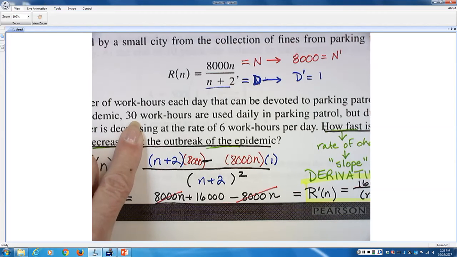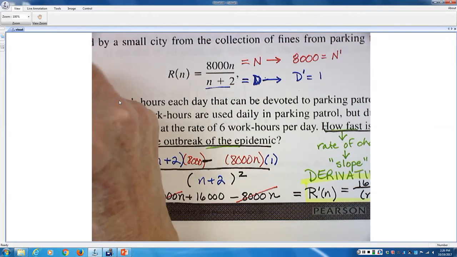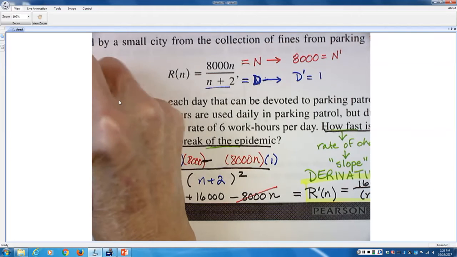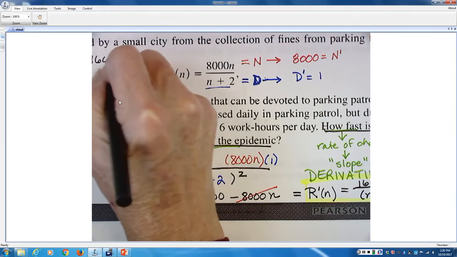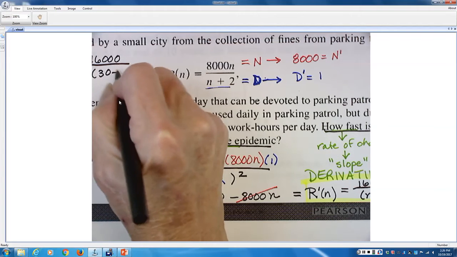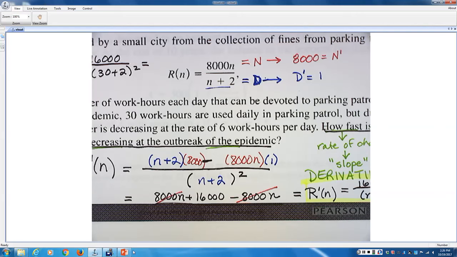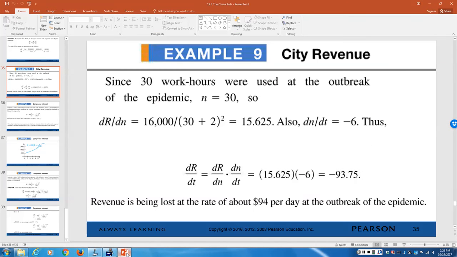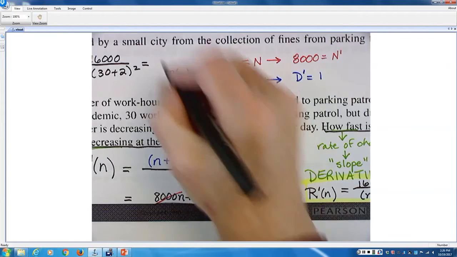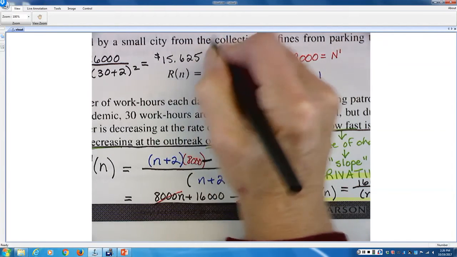So if they were using 30 work hours a day at the beginning, then our prime for 30 work hours a day is going to be 16,000 divided by (30 plus 2) squared, which is where that 15,625 comes from. Okay?